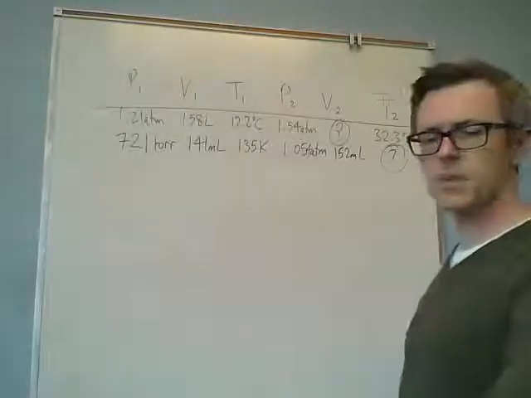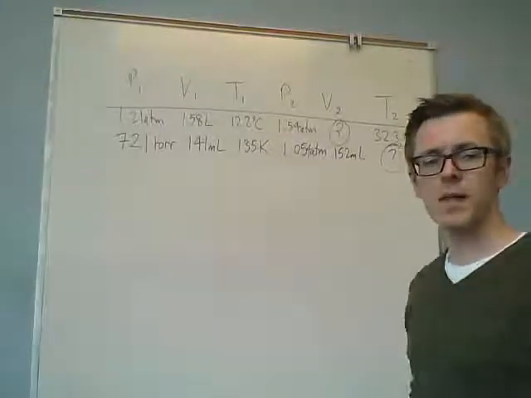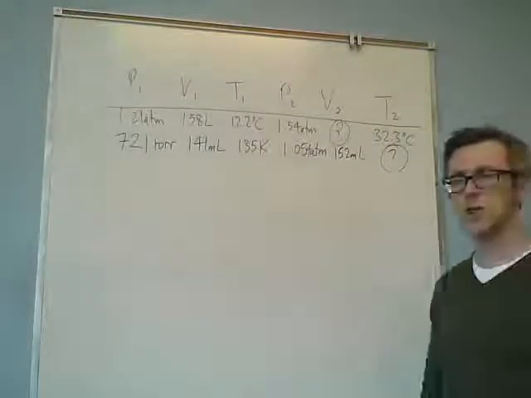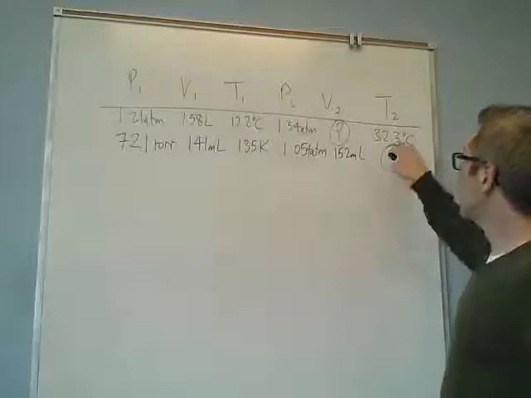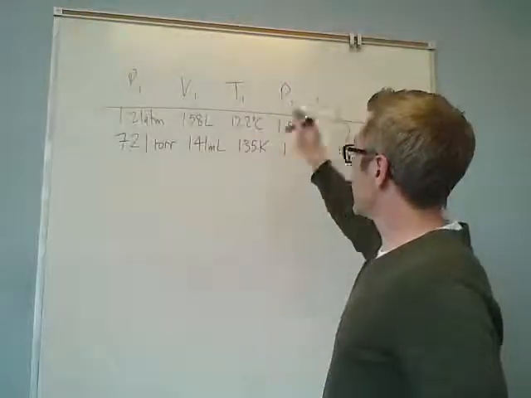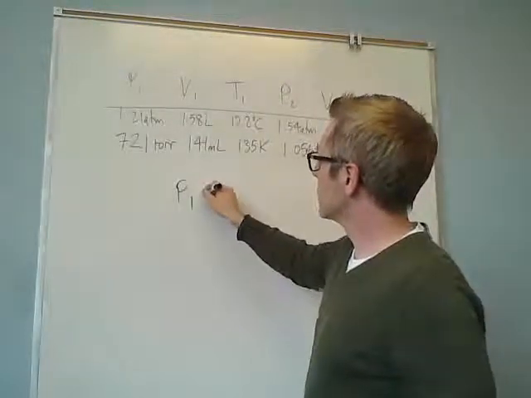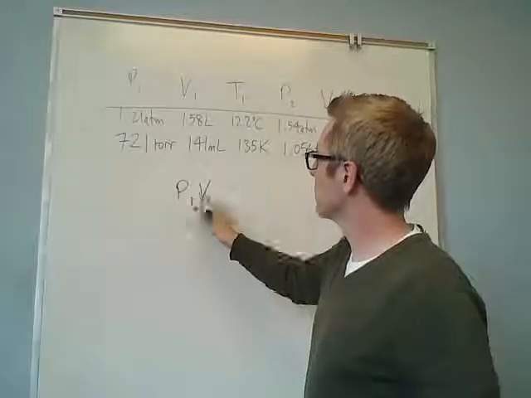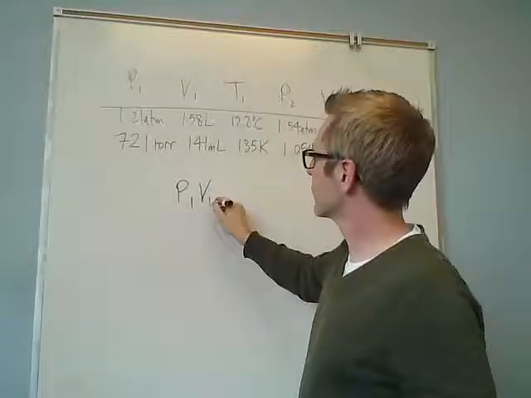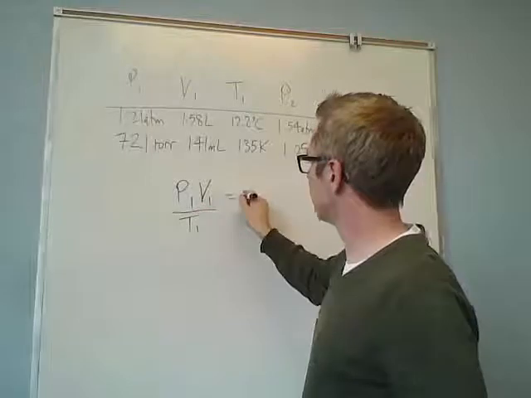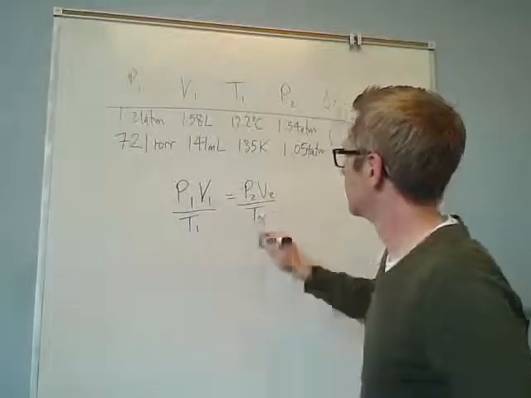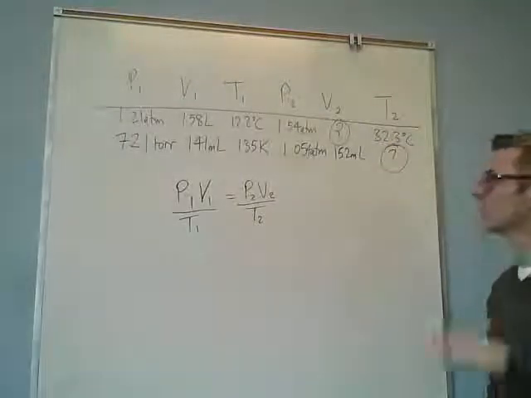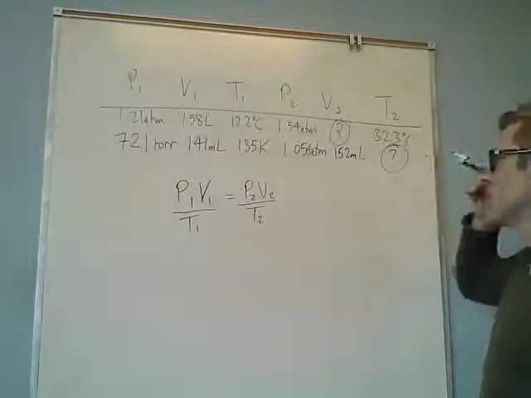Okay, so this is the last basic example we'll do. You would then go on and try some homework questions or look at the PowerPoint. I see initial and final conditions, so I write down my ideal gas equation correctly, ideally. I need to solve for T2.